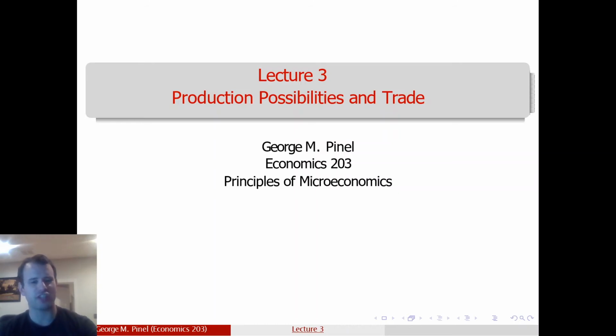And that's more or less what we're going to talk about in this lecture, and why it might have some benefits, where it might not, and how we think about trade in more of an analytical sense. Okay, and part of that, one of the building blocks, is what we call production possibilities.